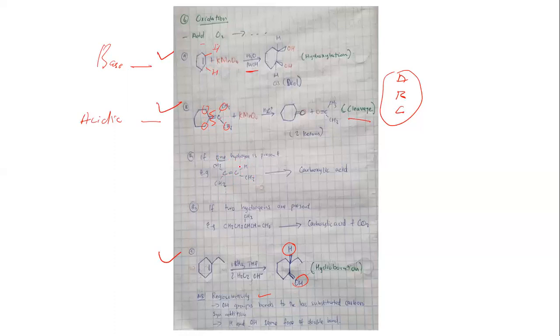We can see that we have only 1 hydrogen atom. So when you have a molecule that looks like this, you won't form 2 ketones. Rather, you will form a carboxylic acid.